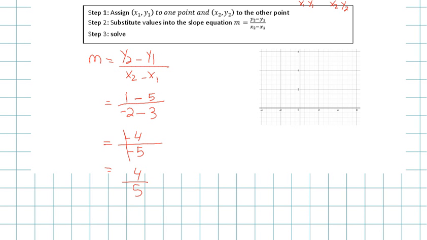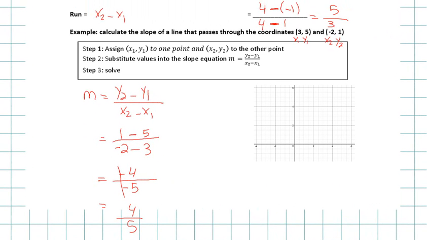Does it make sense? Now let's look at these points here, just to see if I actually have the same answer if I graph. 3, 5, so that's 3. And 5 is right here, so 3, 5. That's my point. And my next point is negative 2, 1. So negative 2, 1 is right here, right?